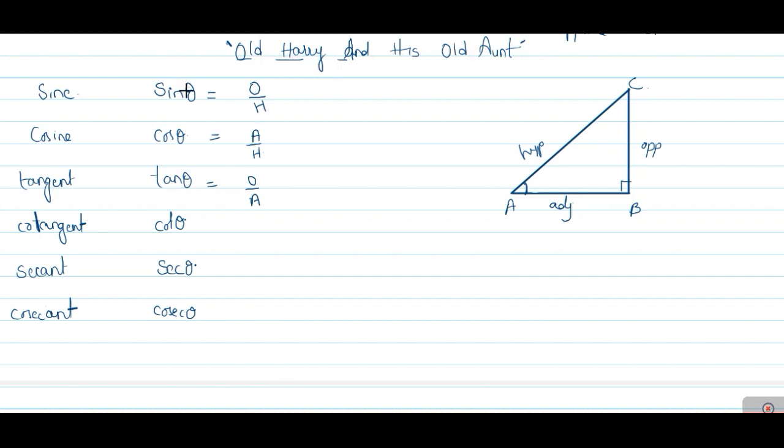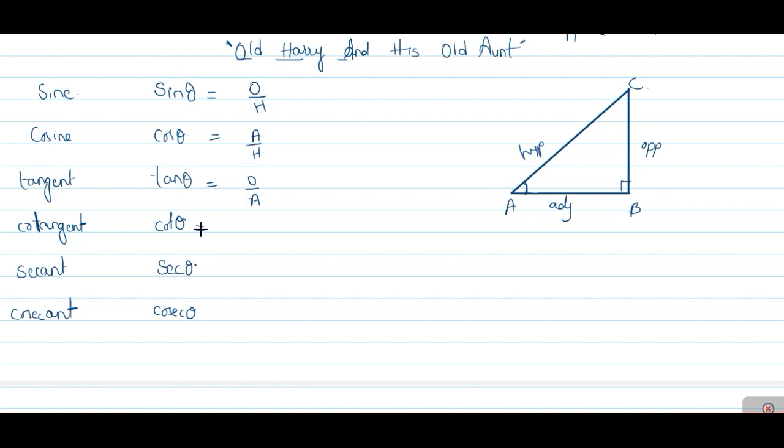So sin theta is nothing but... first we are writing it in order, sin, cos, tan, then we are using this to form the acronym, that is Old Harry and his Old Aunt.